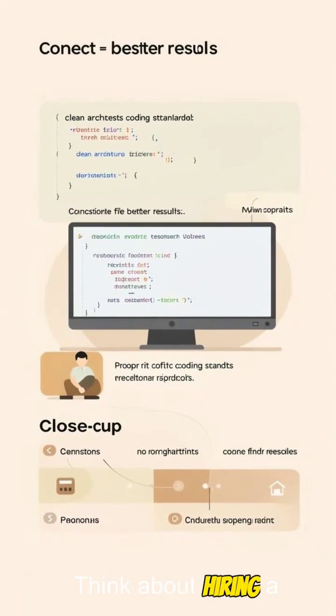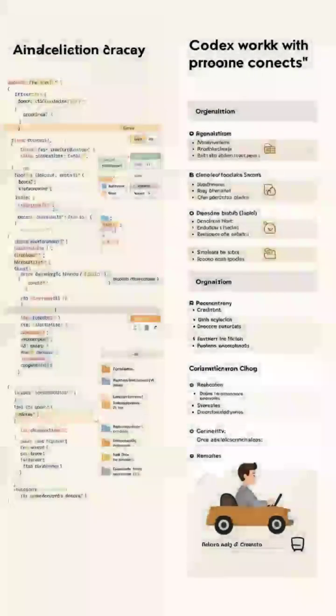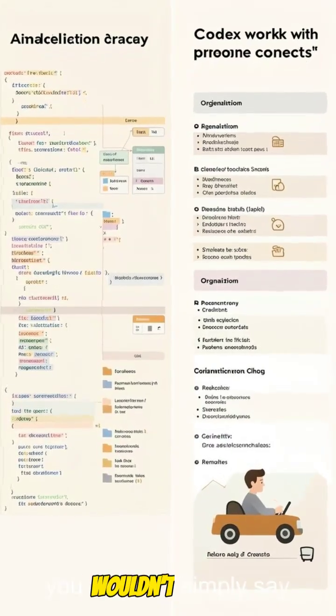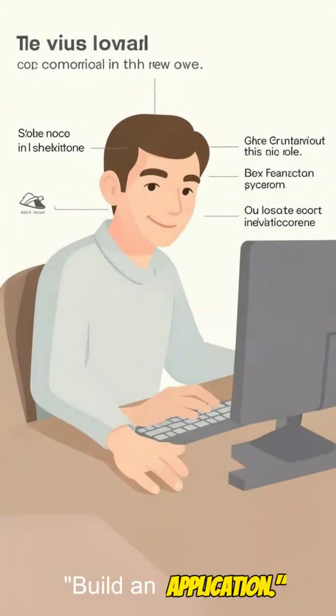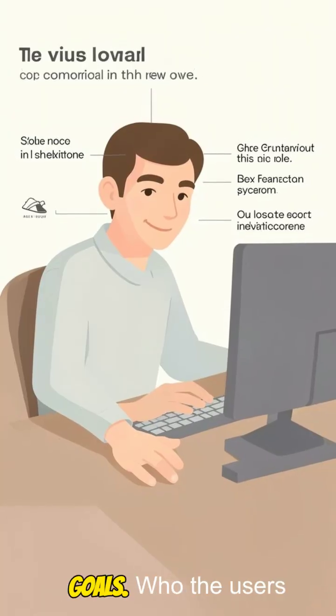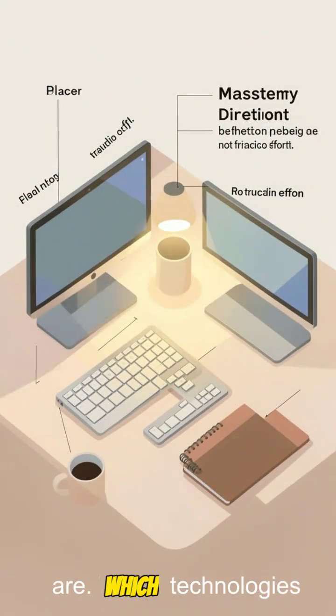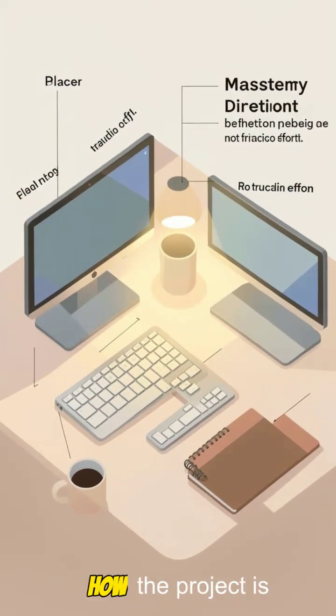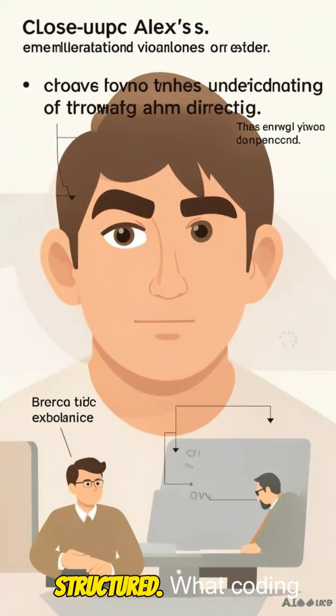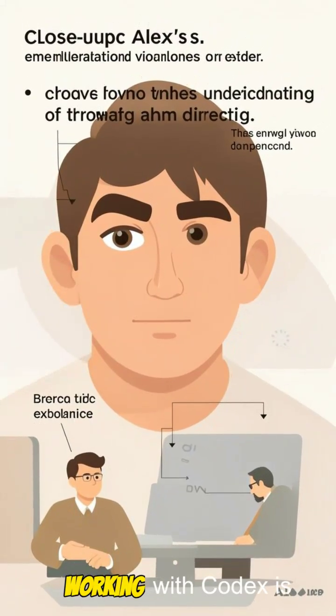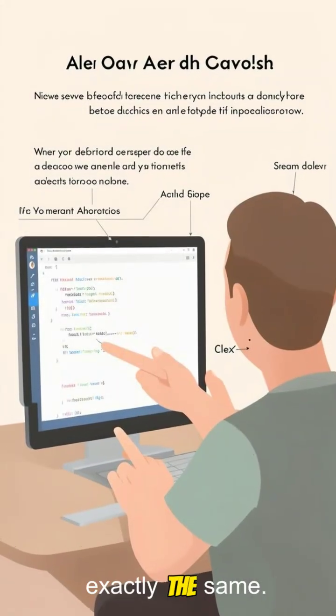Think about hiring a new software engineer. On their first day, you wouldn't simply say, "Build an application." You'd explain the business goals, who the users are, which technologies your team uses, how the project is structured, what coding standards everyone follows. Working with Codex is exactly the same.